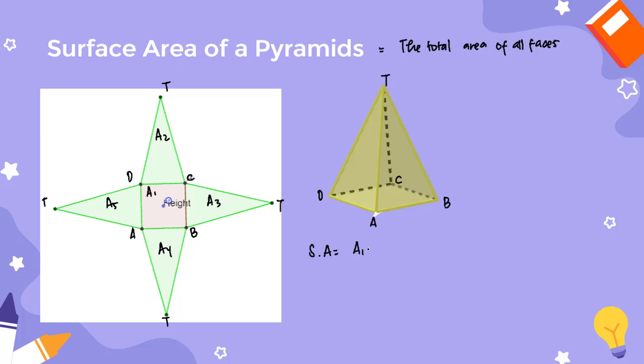So you have to add area 1 plus area 2 up to area 5. Area 1 is the area of the base, which is the area of a square. Areas 2 to 5 are the areas of the triangular faces. That gives the formula of the surface area.